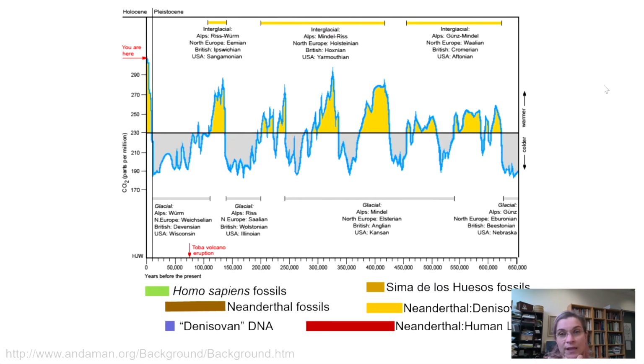Further back in time, we have the Cima de los Huesos fossils from the cave in northern Spain, dating to around 400,000 years ago. And then I included the Neanderthal-Denisovan last common ancestor and the estimates for the Neanderthal-human last common ancestor. Notice those estimated LCAs fall around a pretty big interglacial, a big warm spell, then another ice age, and then into another warm spell.